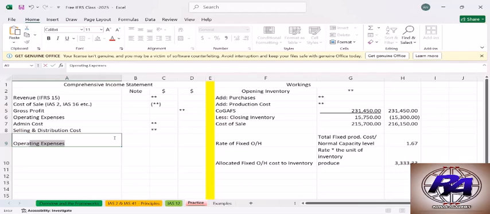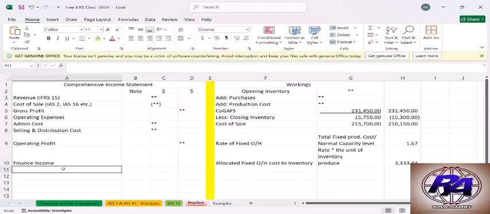Here is where we add finance income. Once we've gotten our operating profit, you add finance income. So instead of adding other income to our gross profit, like we used to, we don't do that again. We add what we call finance income.